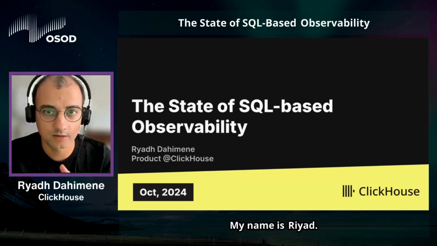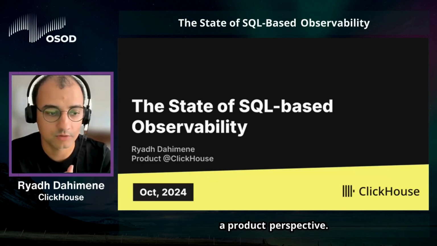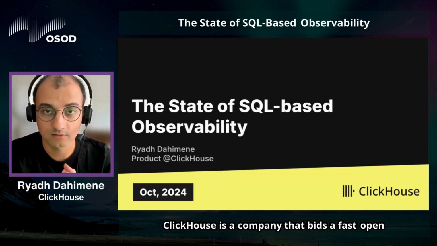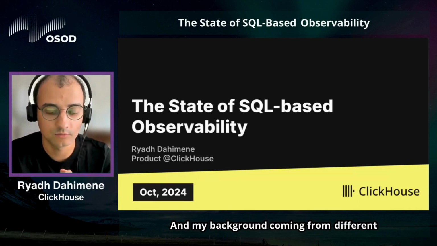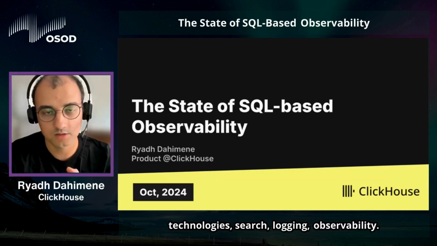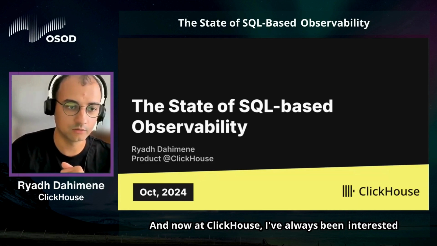My name is Ryadh. I'm in charge of the integrations at ClickHouse from a product perspective. ClickHouse is a company that builds a fast open source OLAP database. My background comes from different technologies: search, logging, observability, and now ClickHouse.